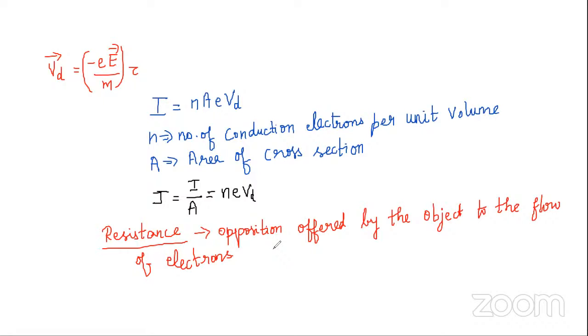That is called resistance. This is the literal meaning of resistance for a conductor. In terms of an equation, do you know any formula or equation for calculating the resistance, students?